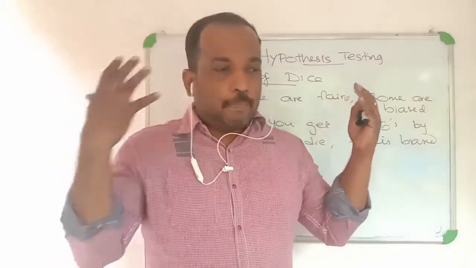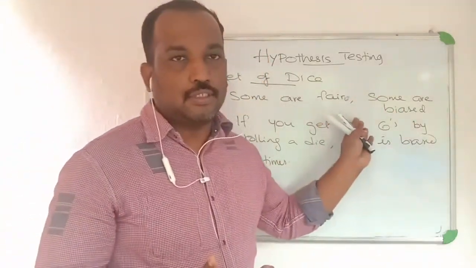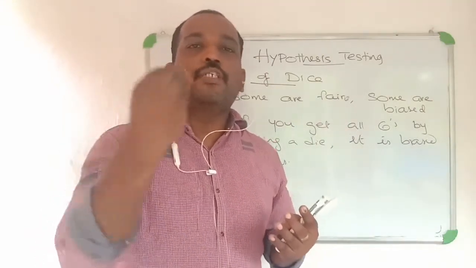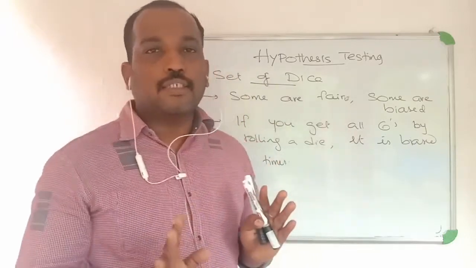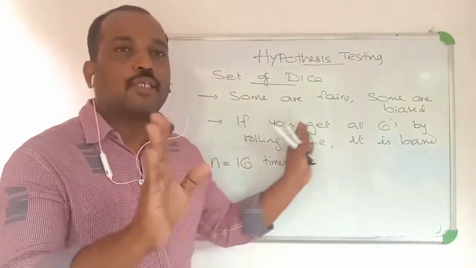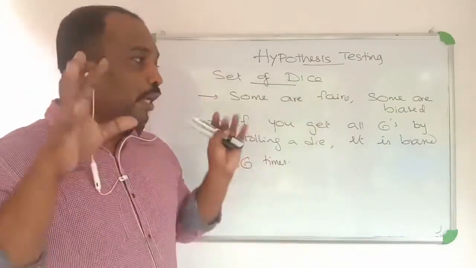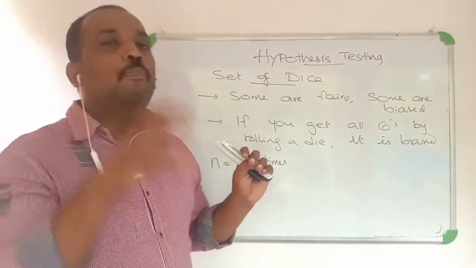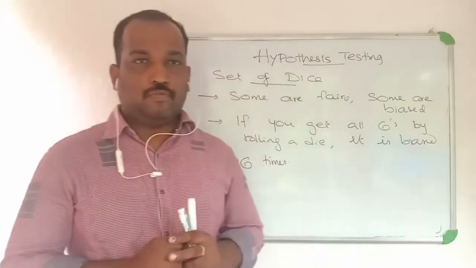So when a person asks me, are you sure that you will get all the sixes? There I give a confidence level. Yes, I am 95% sure, 95% confident that I am going to get all sixes. So when you make a claim, you must show your confidence level also.